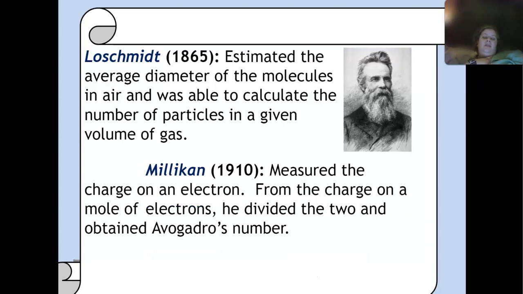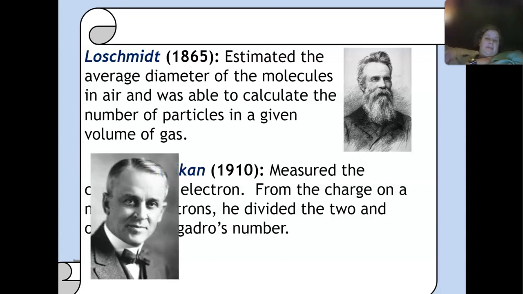And then you have Millikan, who measured the charge of an electron from the charge on a mole of electrons. He divided the 2 and then obtained Avogadro's number.